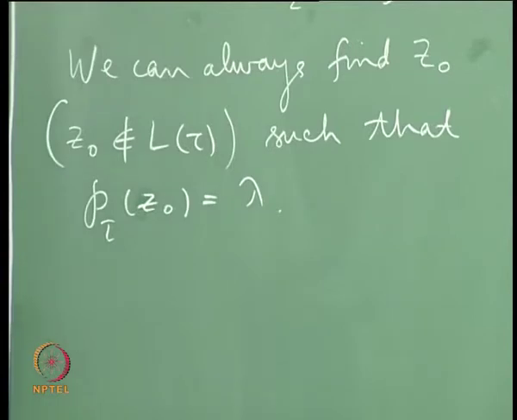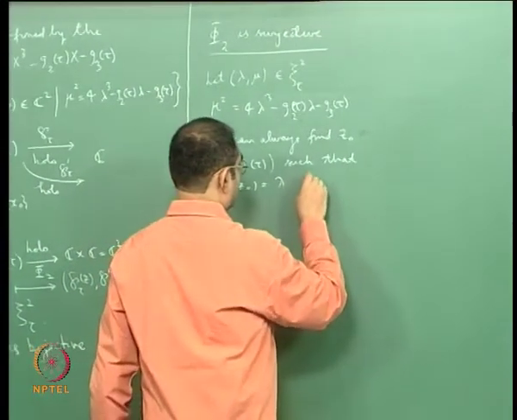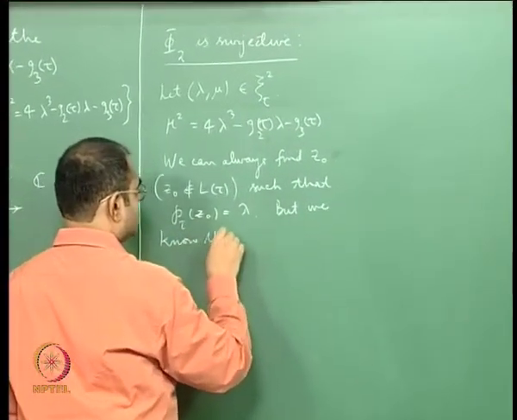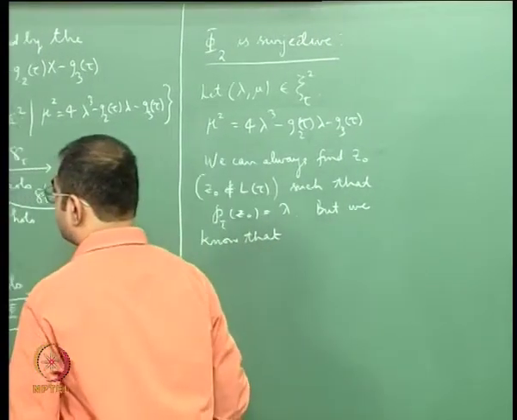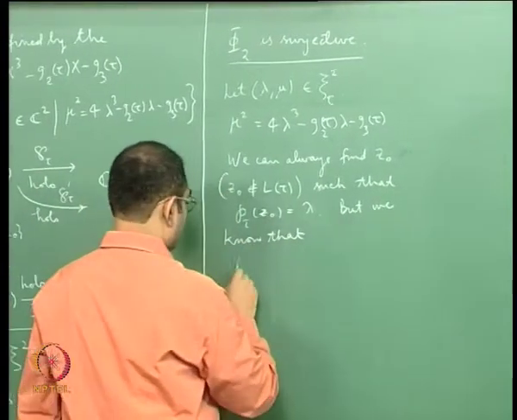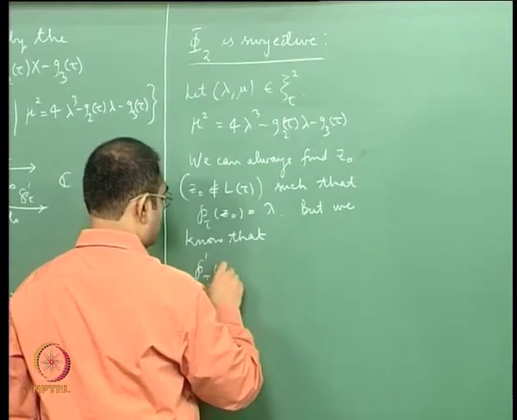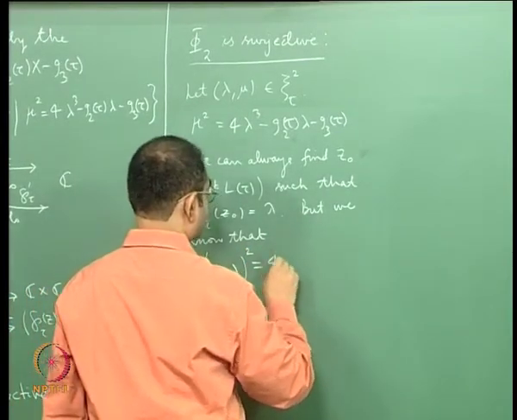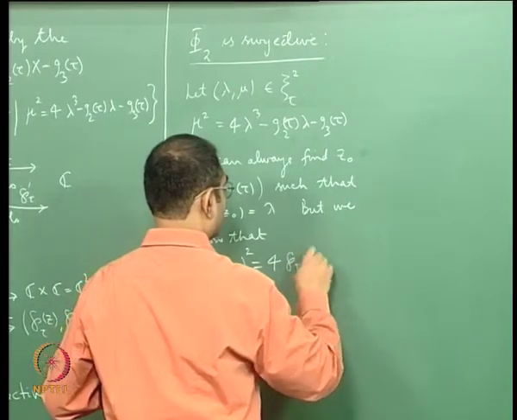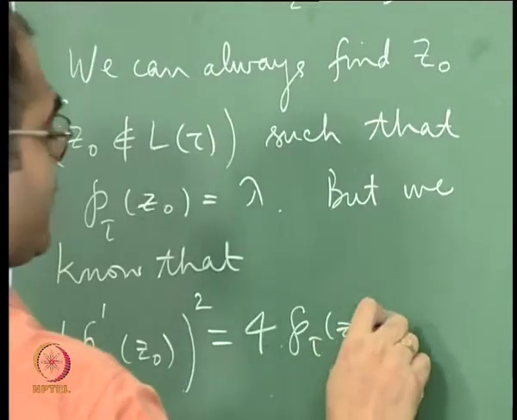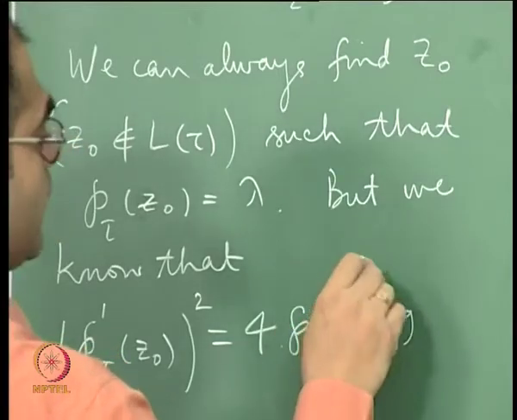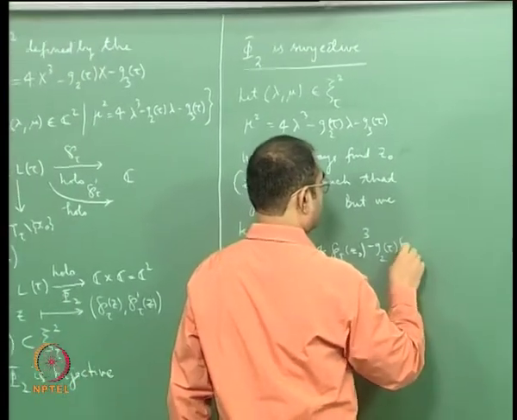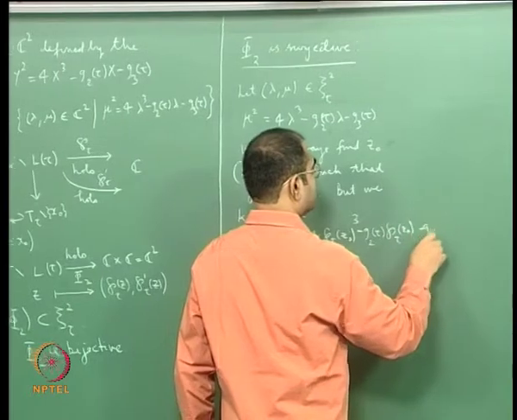But on the other hand, by virtue of the differential equation satisfied by phi, we know that phi prime tau at z0, the whole squared, will be 4 times phi tau of z0 the whole cube minus g2 tau into phi tau of z0 minus g3 tau.